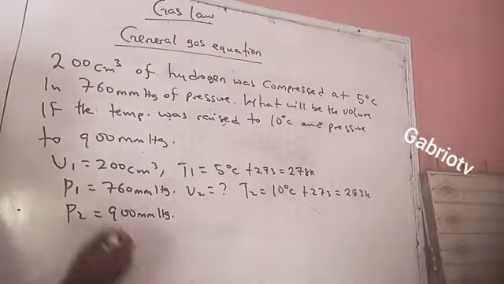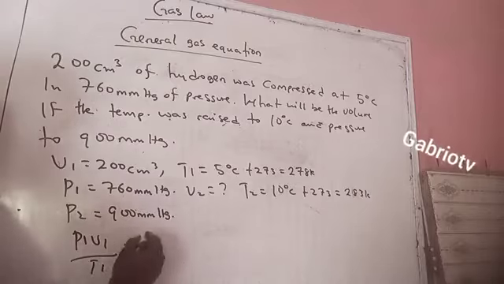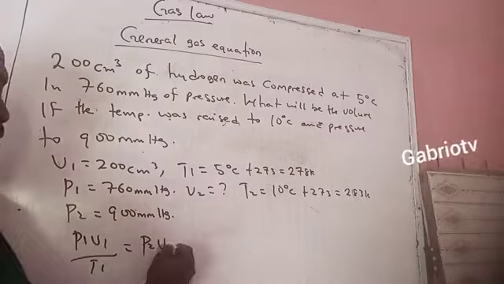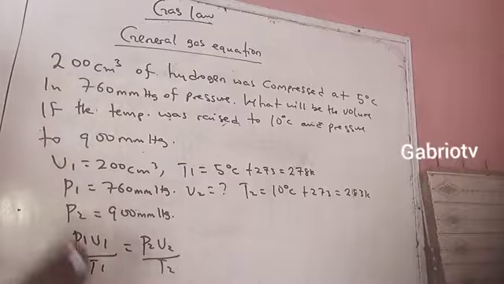So we go back to our general gas equation, which says P1 V1 over T1 equals P2 V2 over T2. So how do we spread it out? Let's put in all we have here.